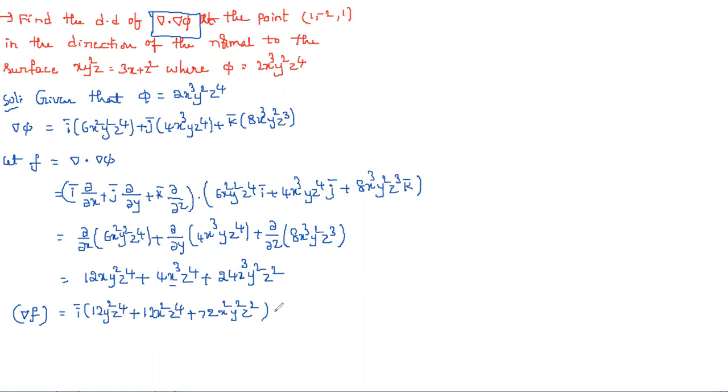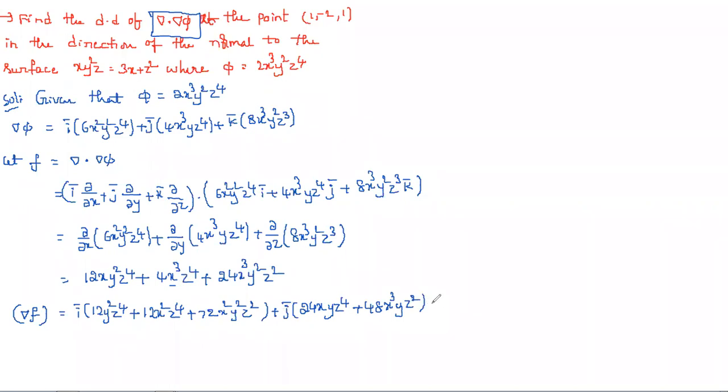Next, what about j? With respect to y we get 24 x y z power 4, and next there is no y term in the middle, so this is 0, and the last term is 48 x cube y z square. This is the j coefficient.